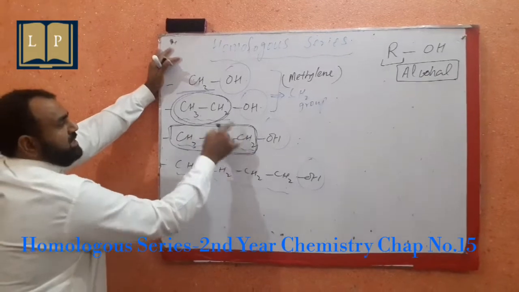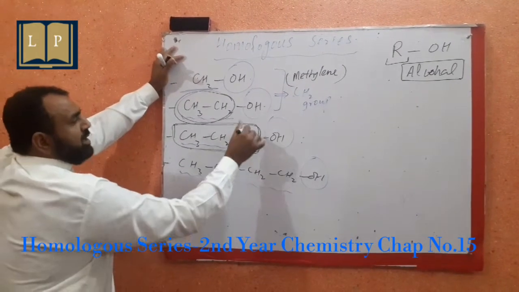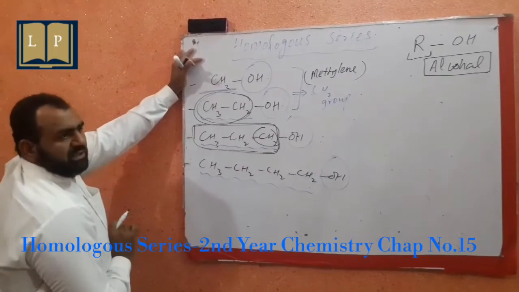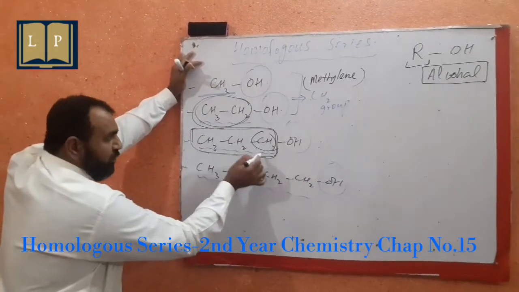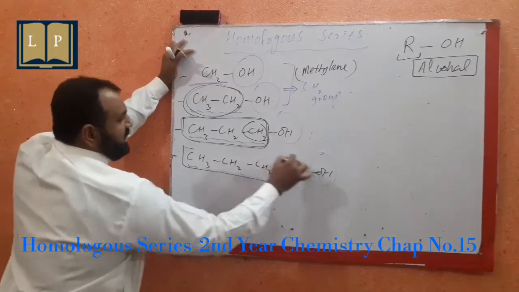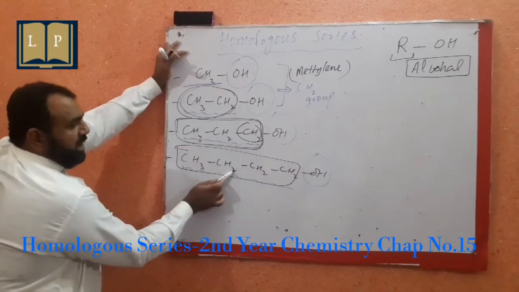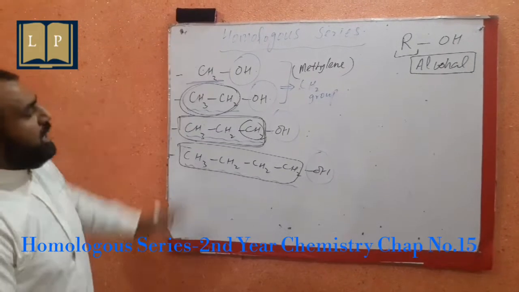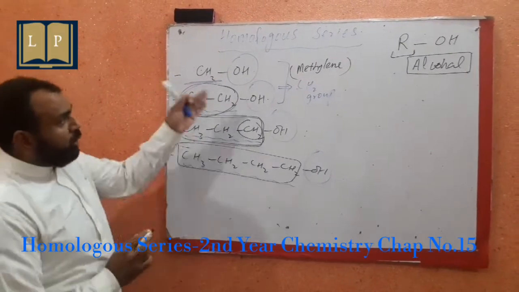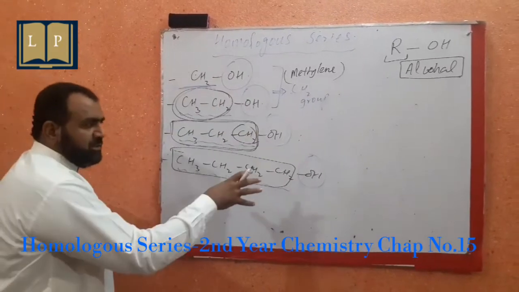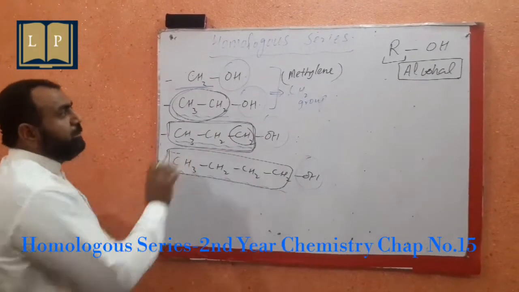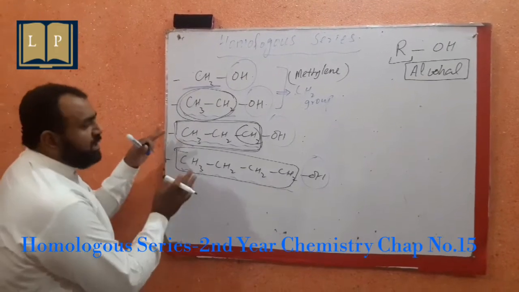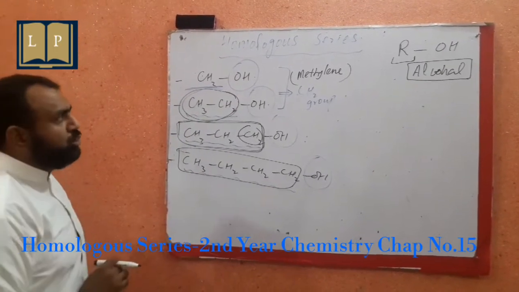Now, if we look at the third and fourth structures, the third and fourth carbon atoms again differ from each other by a CH2 unit. So each organic compound in the series differs from the other by a CH2 unit.